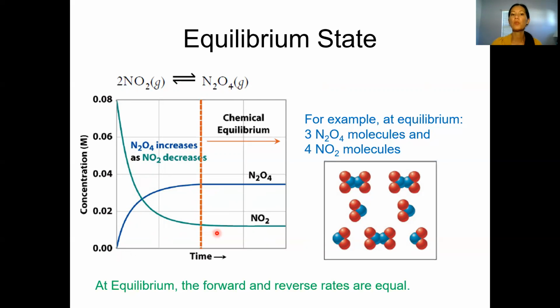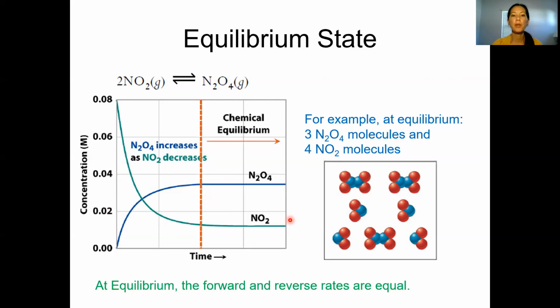Over time, you reach what's called an equilibrium, where you end up with a steady state or constant concentration of the reactant and products. I'm not saying that these concentrations are equal. You can see that one is below 0.02, one is a little over 0.03, but they're steady over time. So here's an example.